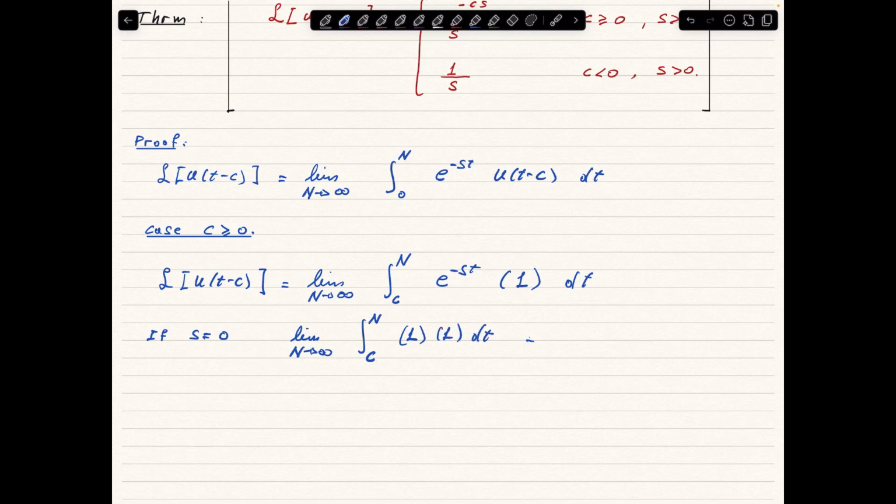So this is just the limit as n goes to infinity of the function n minus c. Well, but this is infinity. So the Laplace transform diverges for s equals 0.